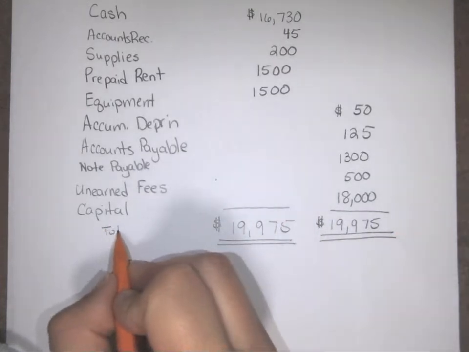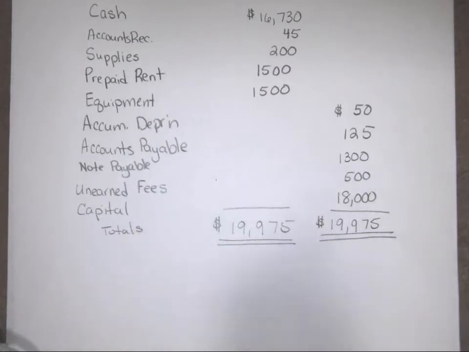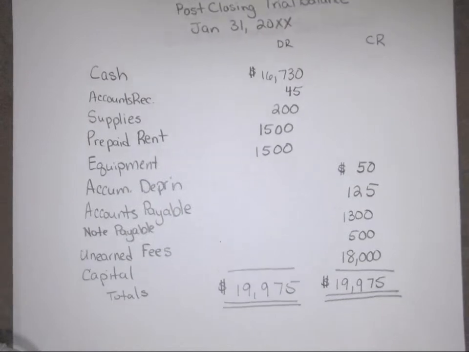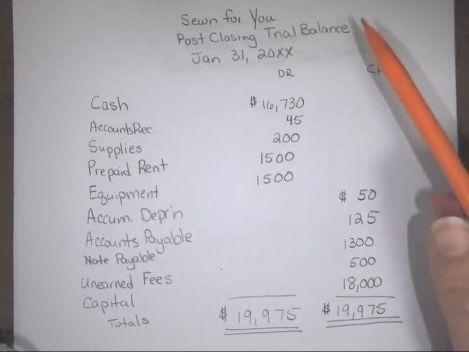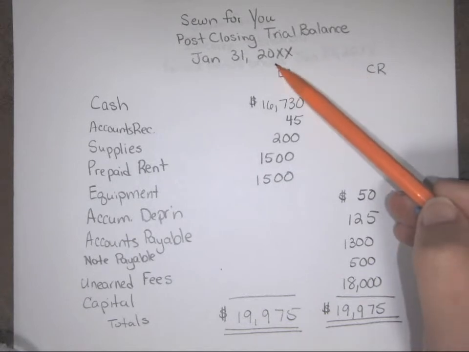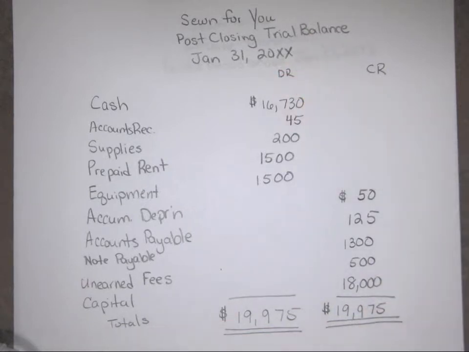And then these are the totals. So we are in balance, and this does give us our post-closing trial balance. Notice my header. It is your company name. Post-closing trial balance is the statement name, and it is for this particular date and time that we are looking at these numbers. And then we list all of those out.